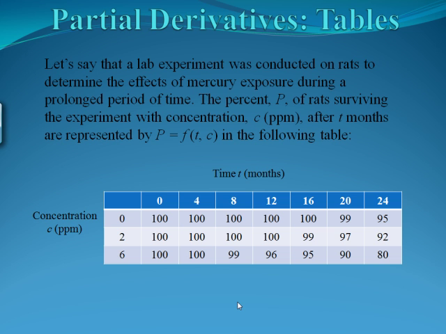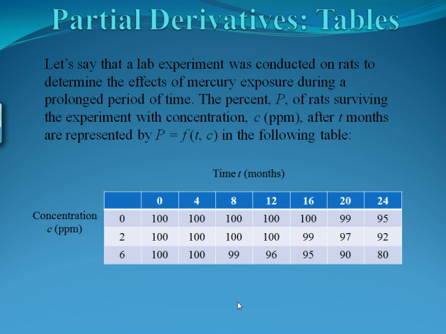So let's say that a lab experiment was conducted on rats to determine the effects of mercury exposure during a prolonged period of time. The percent, capital P, of rats surviving the experiment with concentration C in parts per million after T months is represented by P, a function of T, time in months, and C, concentration they were exposed to.